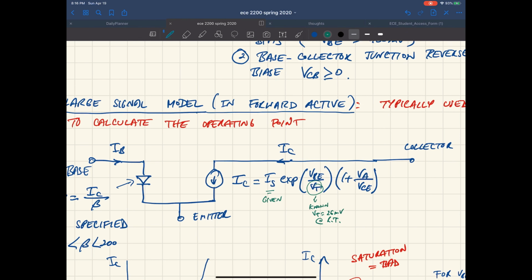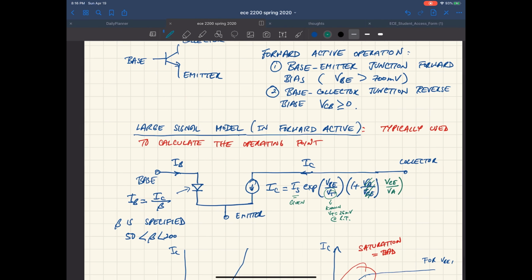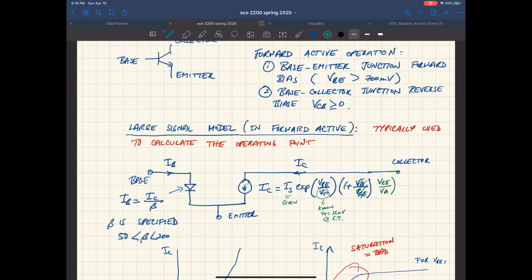Times, I think I got this wrong here, so it should be 1 plus VCE over V sub A. So that's the equation for the collector current. This V sub A is also given in the test.